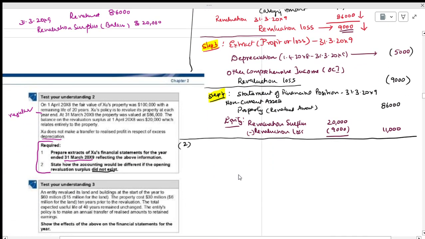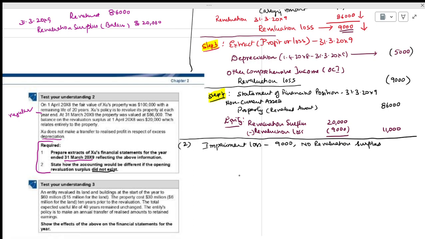Now, how much is the impairment loss? 9,000. There is no revaluation surplus. Follow the rules.